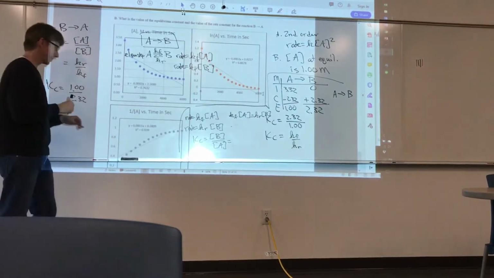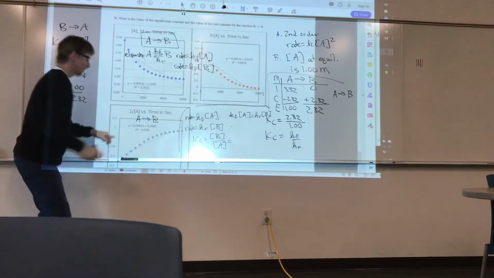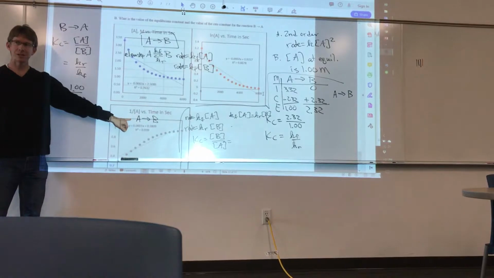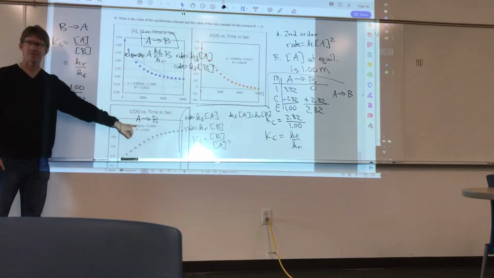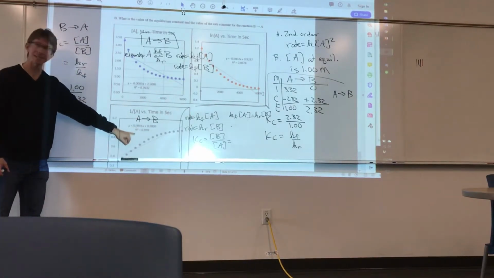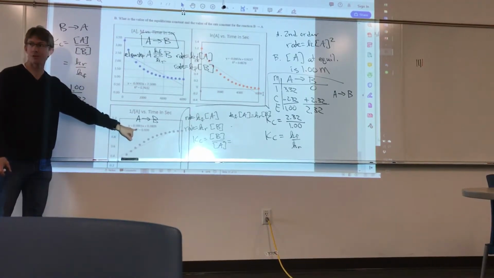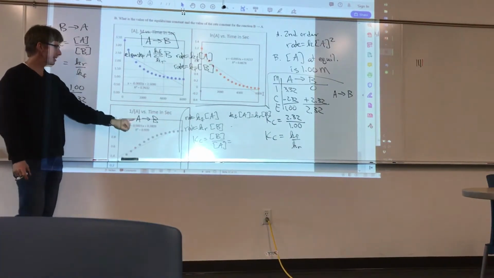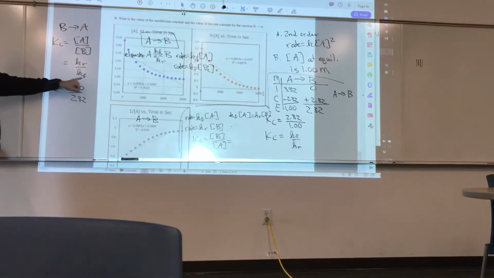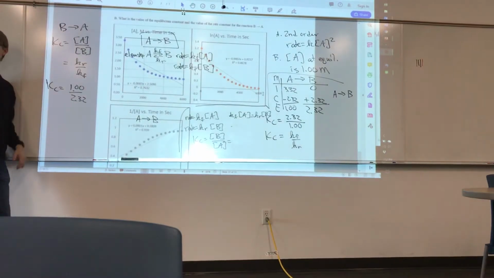So this is the second order integrated rate law plot for A goes to B. On that plot, because we decided it is second order, the slope is K forward. And then, because we know K forward, and however we look at it, we know KC, you can plug in and solve for K.